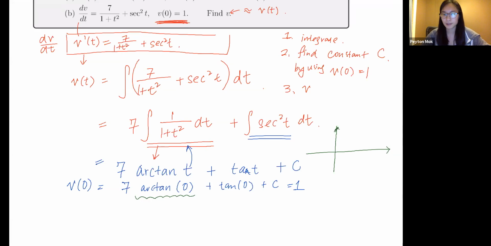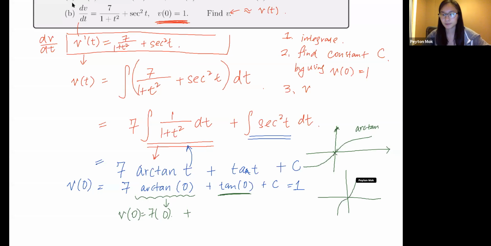Arctangent looks like this. So when it hits 0, it gives you back 0 as well. So this part is just 0. What about tangent 0? Tangent 0 will still give you back 0. If you take a look at the graph, it gives you back 0 again. So this will still be 0 here, plus c equals 1. So 0, 0, and then c will just be 1.